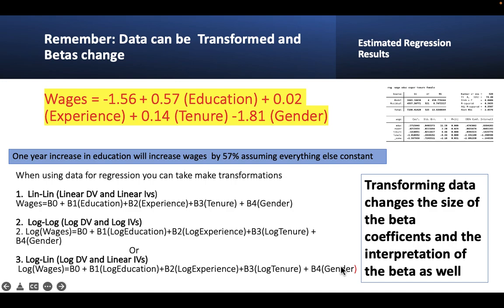When you do such kind of transformation with the data that you've collected, how you interpret the beta changes as well.